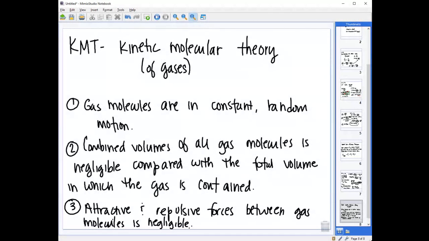We know that there is some force of attraction between different types of molecules, just like there's force of repulsion. But for our model, and to explain why gases behave the way they do, we just pretend that those forces are not there. So we say that they're negligible, okay? So the gases aren't going to be attracted to one another or repulsed by one another.